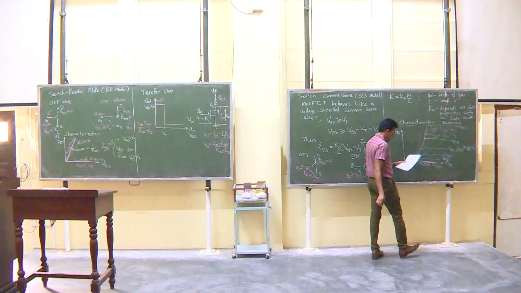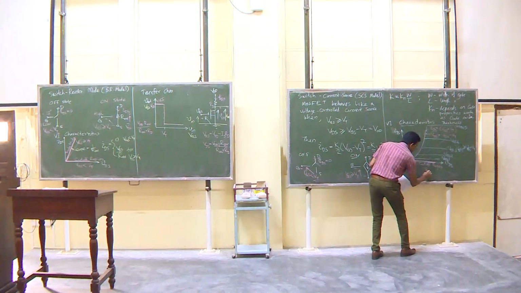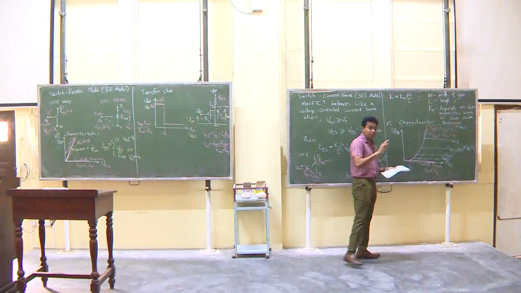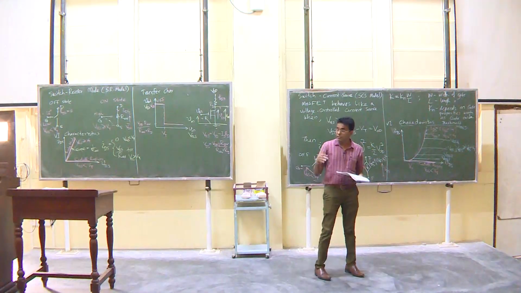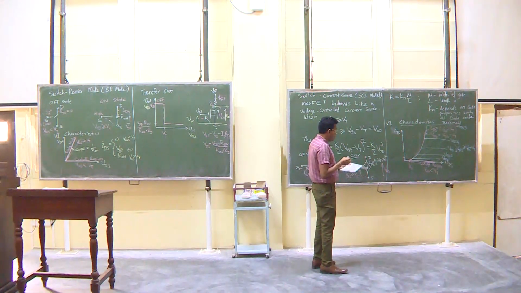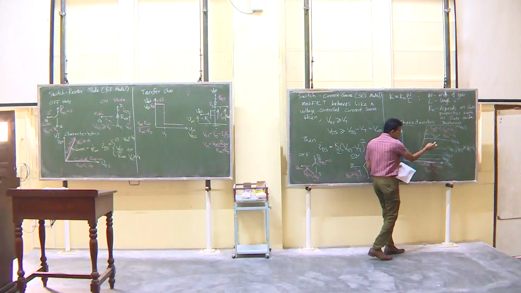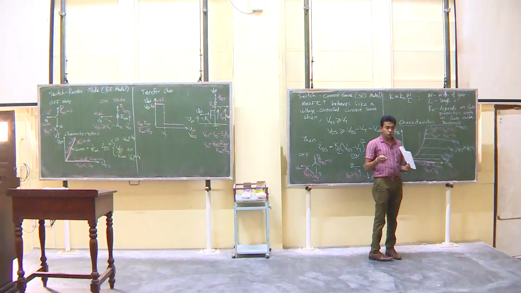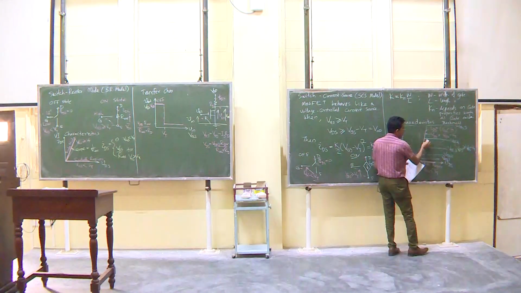This is the cutoff region where VGS is less than VT. That's been consistently like that, has not changed. But now we have another region here which we call the saturation region. We haven't touched upon that so far. This is called the saturation region.